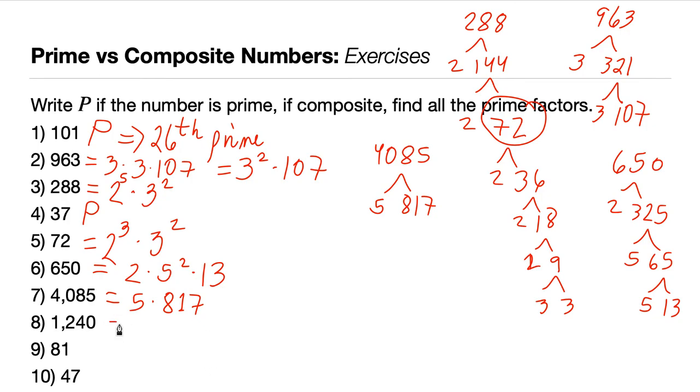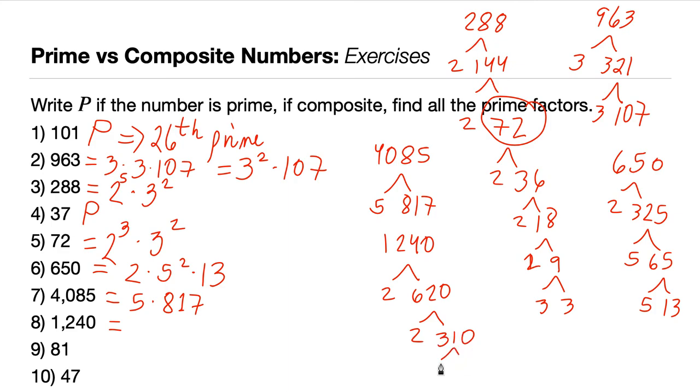Number 8. Obviously it's not a prime because it ends with 0, so it is divisible by 2. So 1240 divided by 2, we have 620. This is still divisible by 2, so we have 310.